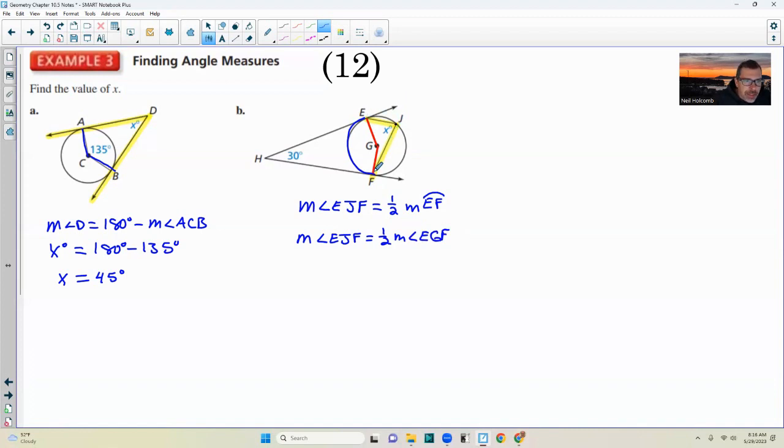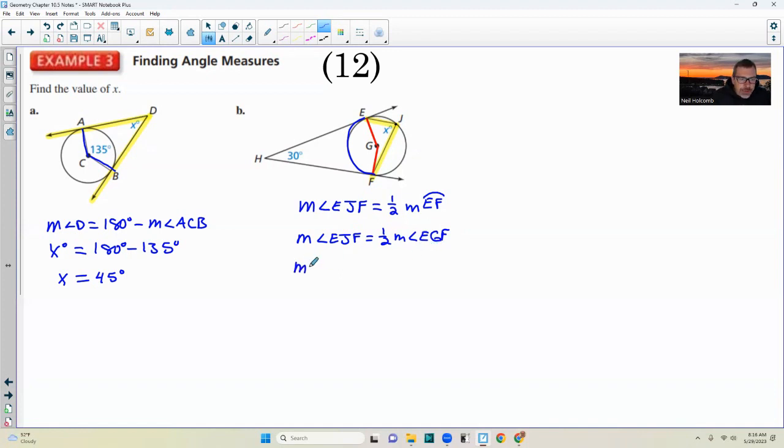This is an inscribed angle. It equals 1/2 its intercepted arc. The intercepted arc is equal to the central angle. So therefore, EJF is equal to 1/2 the central angle. So when you have an inscribed angle, it's 1/2 the central angle if we share the same points of tangency where the chords meet. Okay, so that's what we have so far.